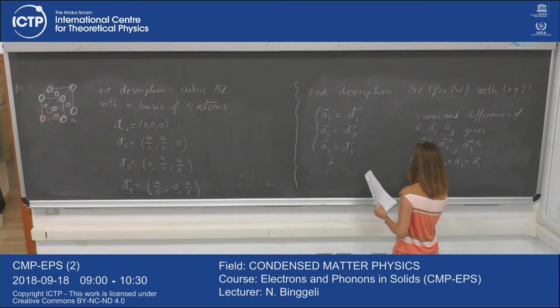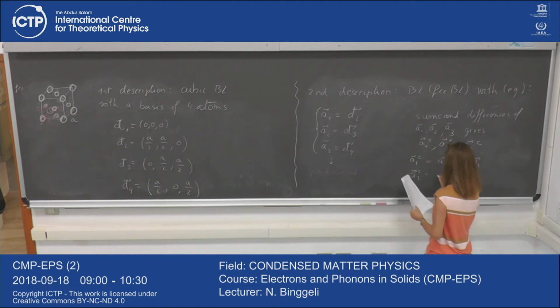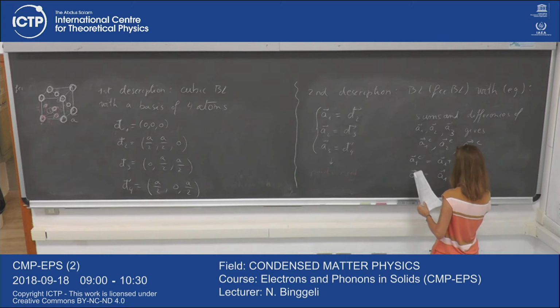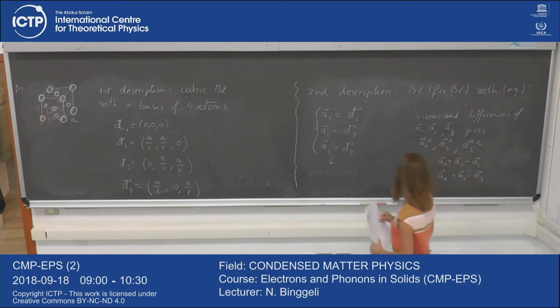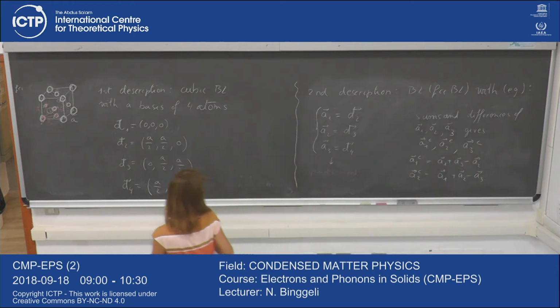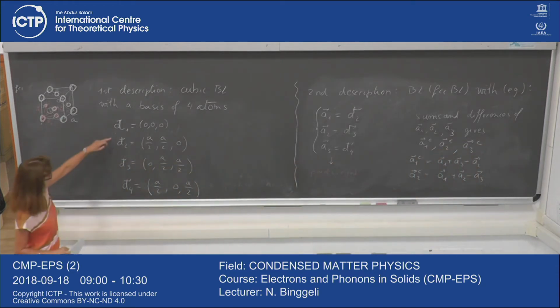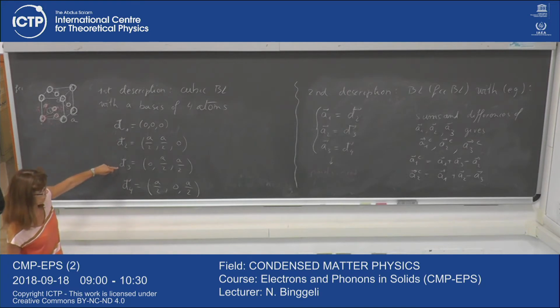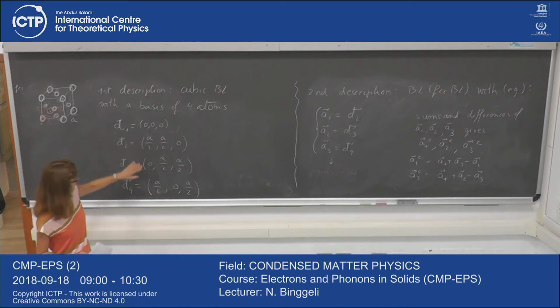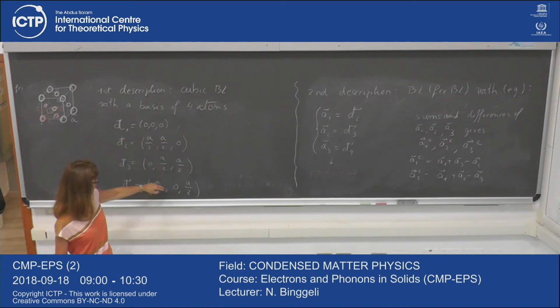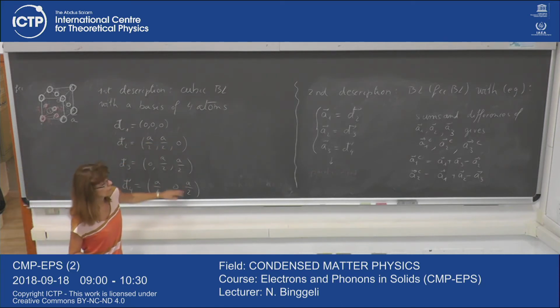The A2 of the cubic lattice is obtained as A1 plus A2 minus A3.